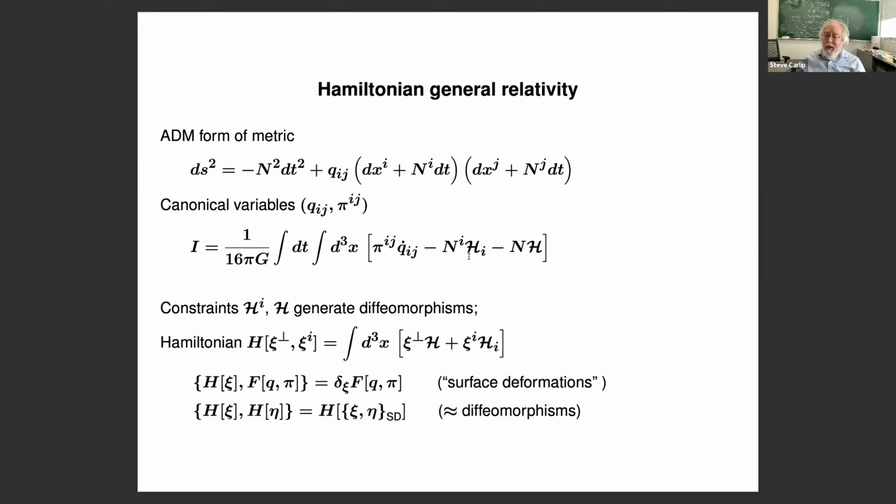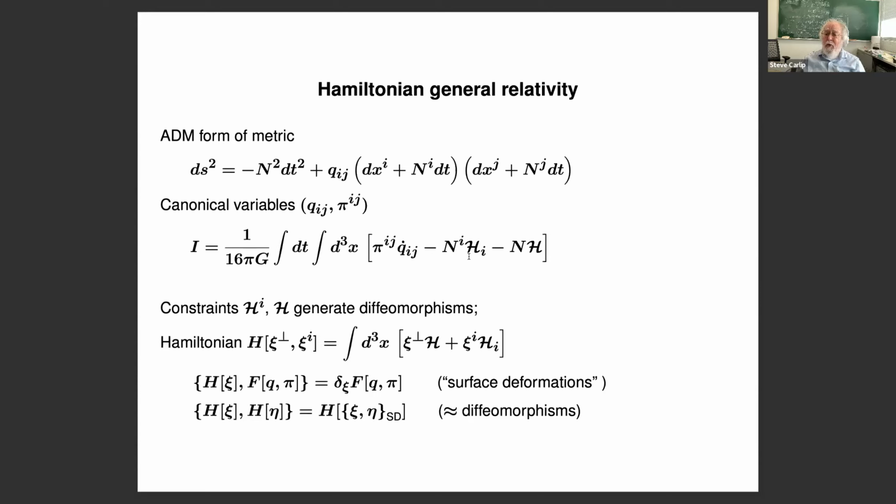Strictly speaking, what I said is a lie. What is true is that these generators generate a set of transformations called the surface deformations. These are equivalent to diffeomorphisms on shell.